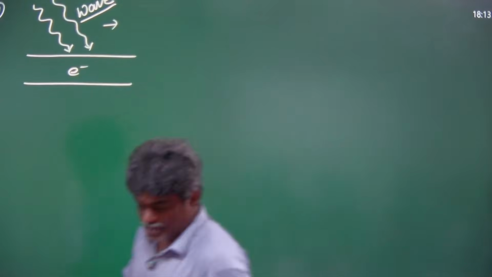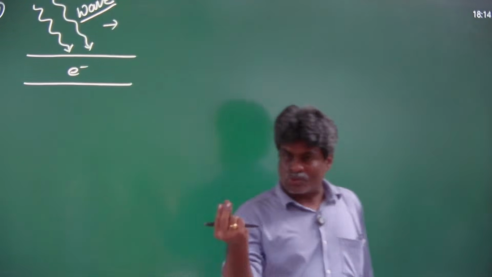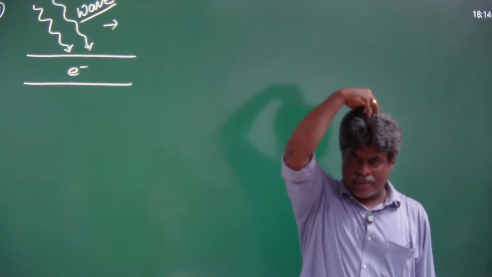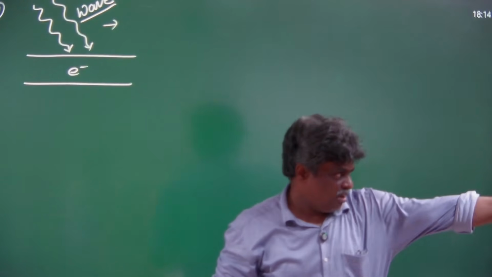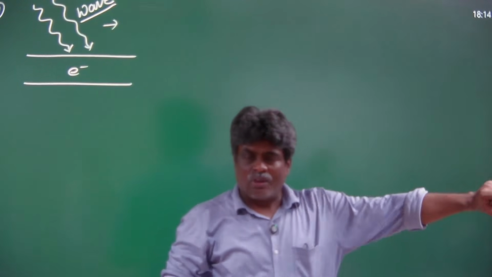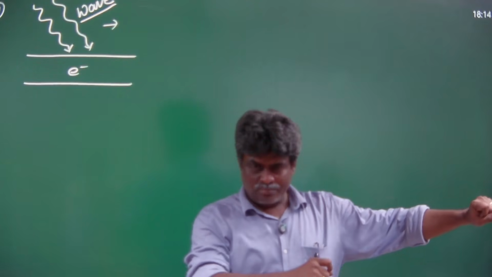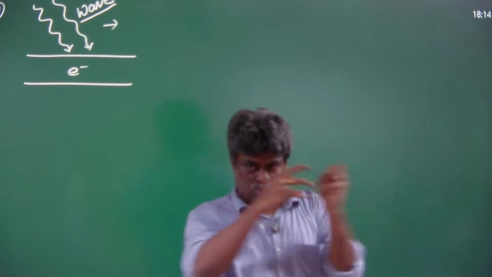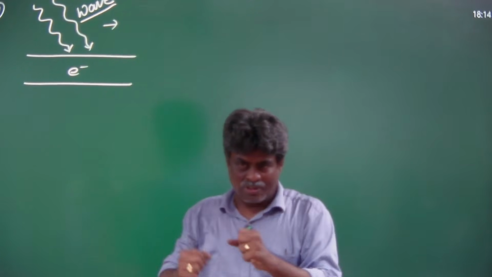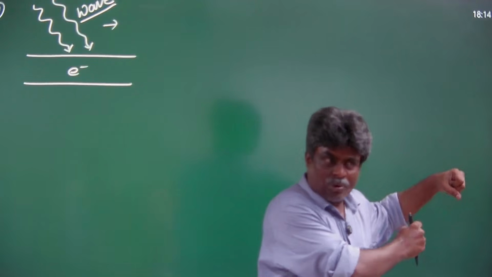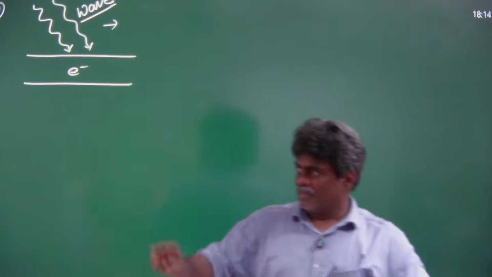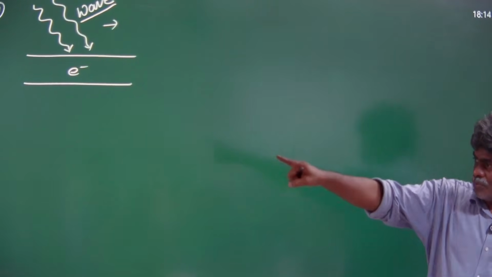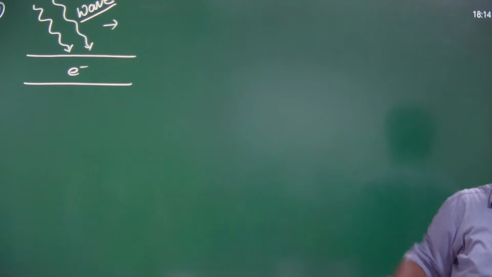I will give you one example. Here I kept a stone, let us say on my head. Now you want to hit that stone, and you are using two cases.